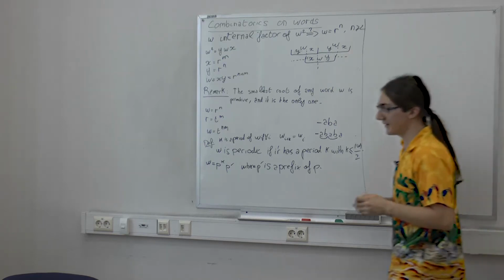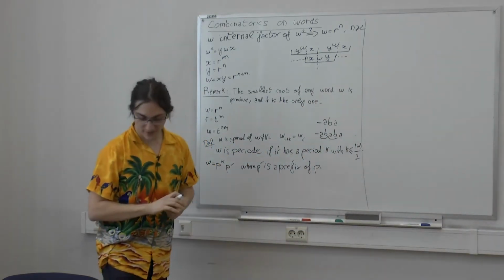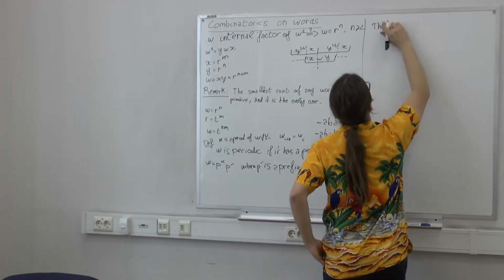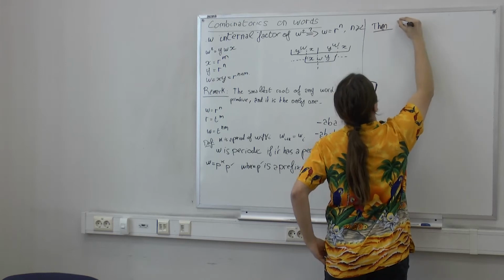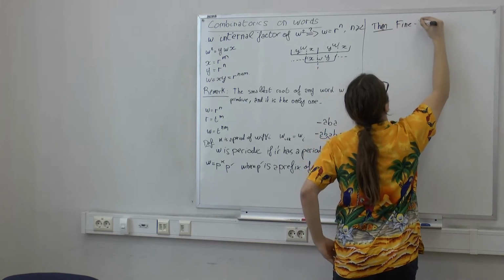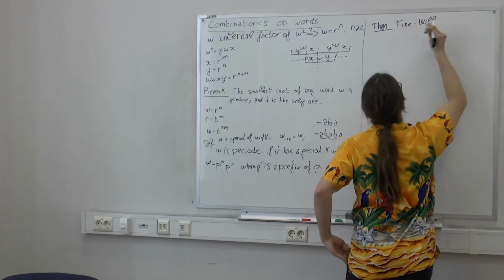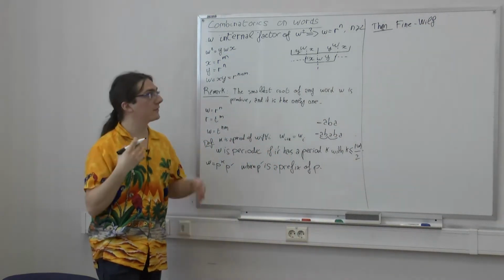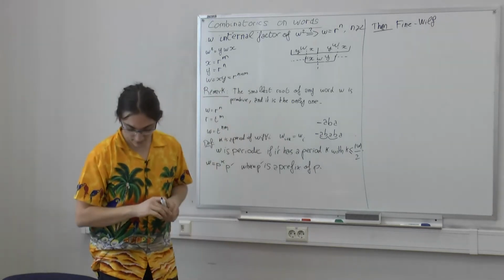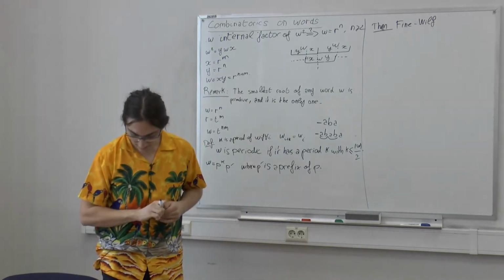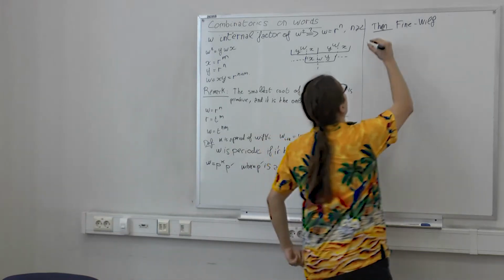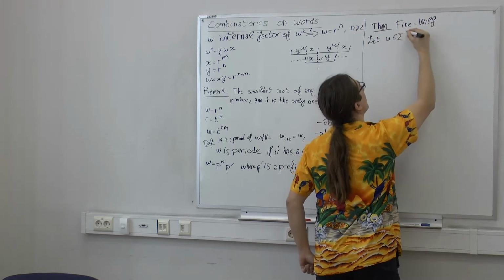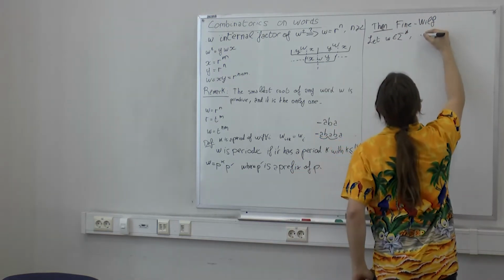So let me write it formally, what I have. If I have a word W, this is a theorem by Fine and Wilf. Once again, something not complicated to show, but celebrated because you have to ask yourself the question, actually. And once you know it, it's interesting. So, let W denote a word with two periods.